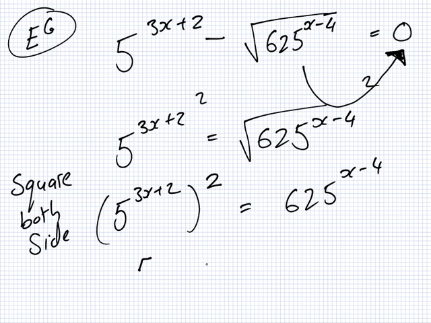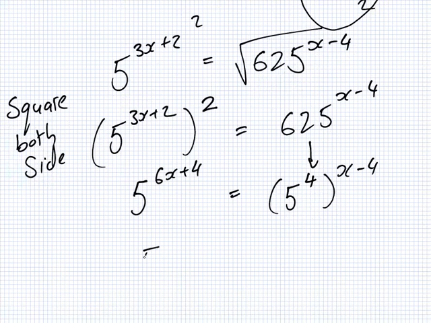So now I get 5 to the 6x plus 4 equals, now I can change this into 5 to the power 4, x minus 4.